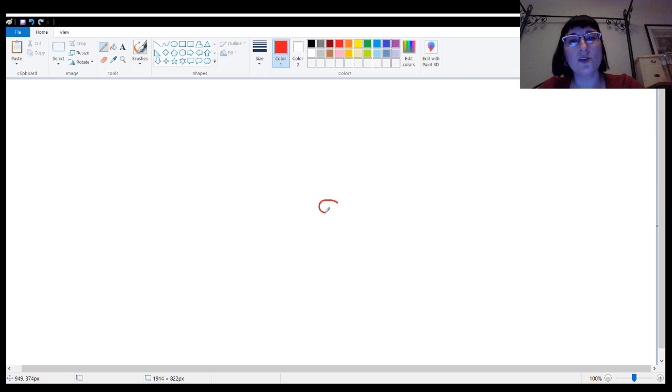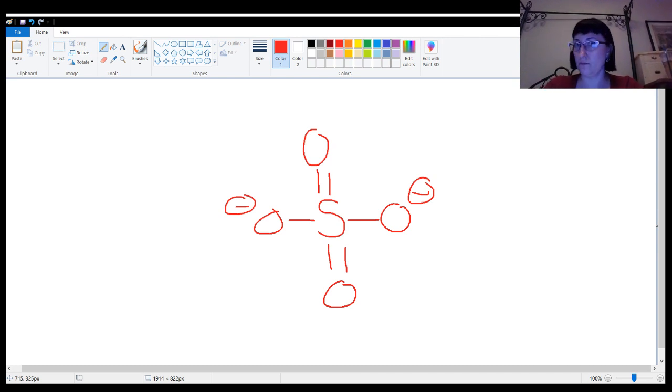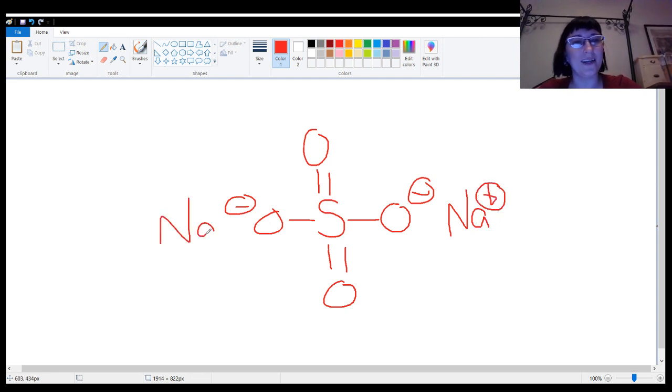So like if I have sulfate, the sulfur and oxygens are all connected with covalent bonds. Yes? I'm going to assume you're agreeing with me. If I have sodium sulfate, those oxygens are counterbalanced with ionic bonds, or ionic interactions if you prefer to call them that.